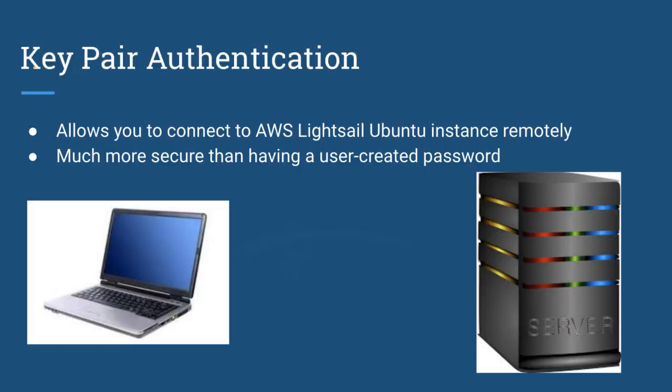As a web developer, it's really important that you have access to your server from your local machine. But to do this securely, you should use key pair authentication. On your local machine, you'll set up a public and private password. The private password will be something that only stays on your computer.